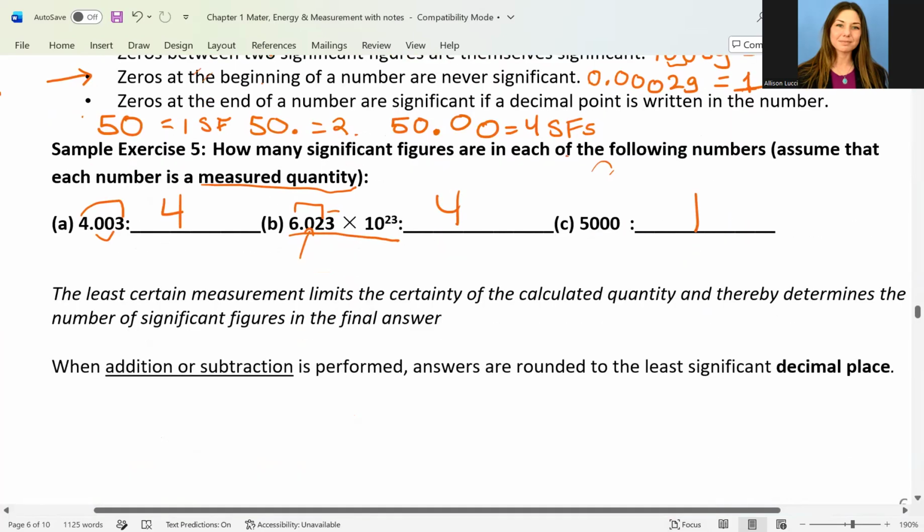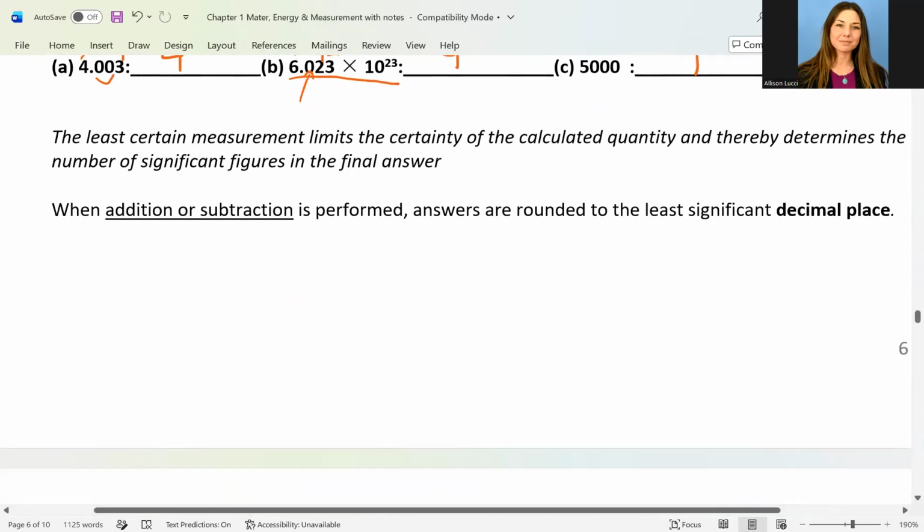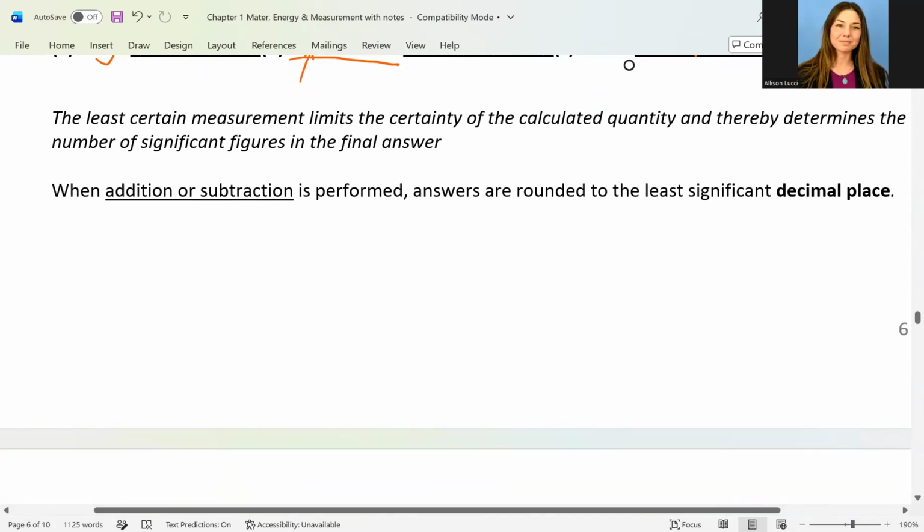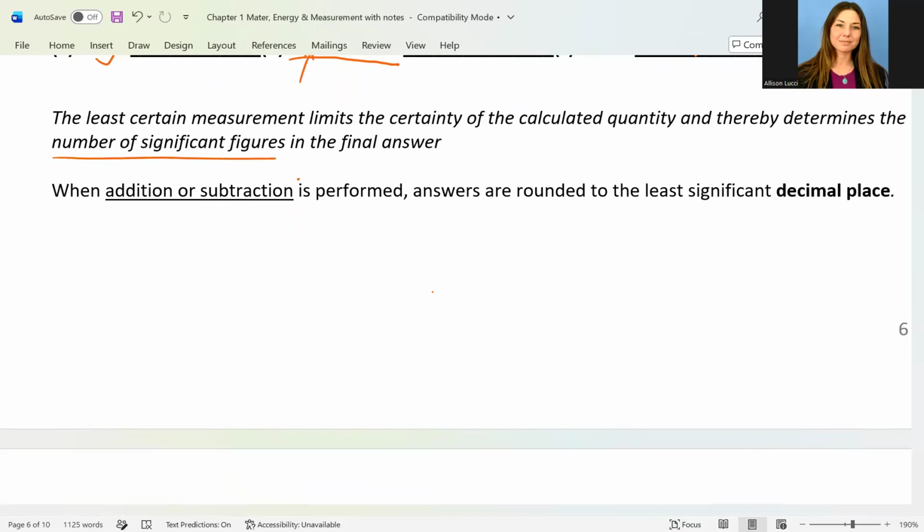Now we're going to look at how determining the number of significant figures that we start with before we calculate can determine the number of significant figures that we end up with in our final answer. When addition or subtraction is being performed, the answers are rounded to the least significant decimal place.